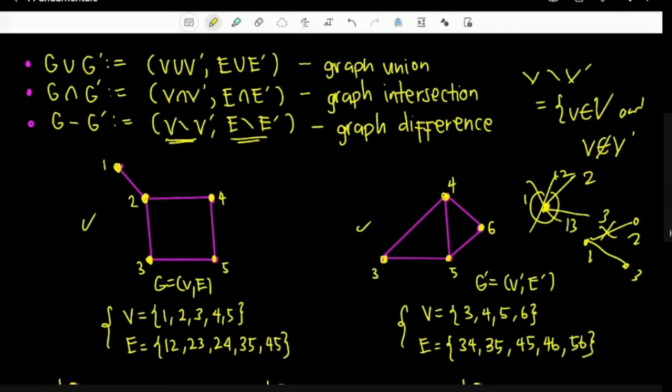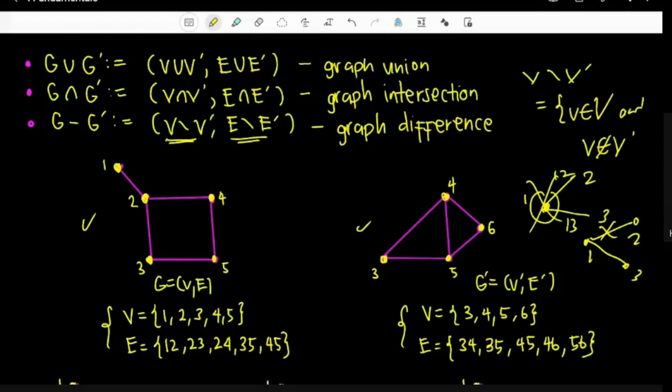Basta mahalaga, pag meron kang connection between the two, for example, 1 and 2, for the edge to exist, wherever you put 1, wherever you put 2, there must be a link connecting them. Kahit saan man nakapwesto yan. So, yun yung sinasabi natin topologically the same. Same set of edges, same set of vertices, pero pwedeng visually different.